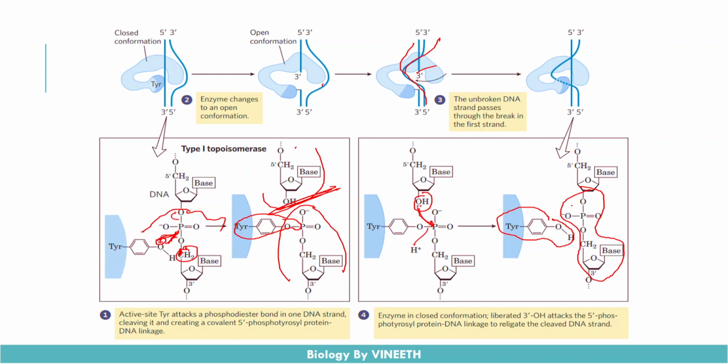Remember that type 1 topoisomerases contain tyrosine in their active site, and this tyrosine contains a hydroxyl group in the R chain. This hydroxyl group can form the covalent bond with the 5' phosphate of the DNA sequence, and only then can it release the linking number.